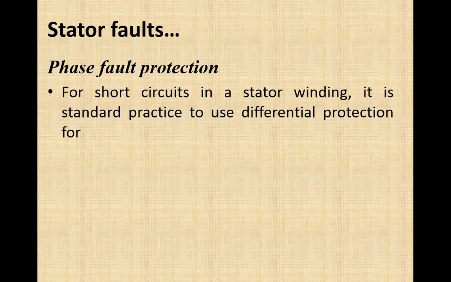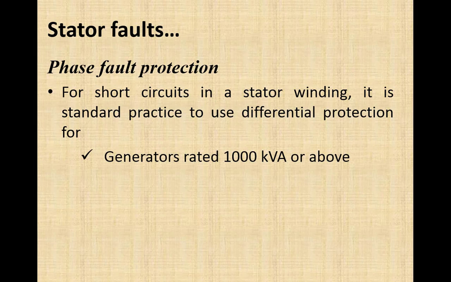So for short circuit in stator winding, it is standard practice to use differential protection. So this is the criteria to apply differential protection. Generators rated above 1000 kVA, so that is 1 MVA generator. If generator rating is 1 MVA or higher, it is standard practice to use differential relay.